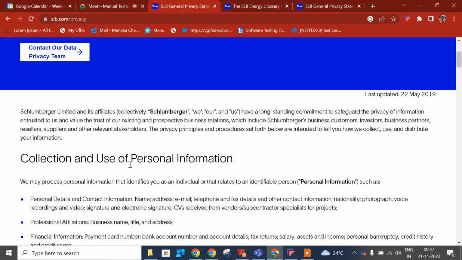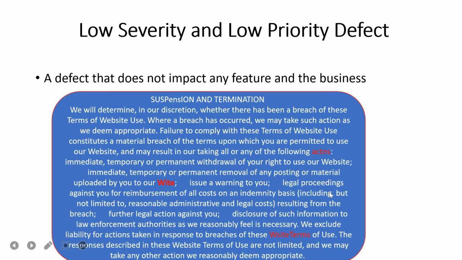So these are going to come under low severity and low priority, because it is not affecting the functionality in any way, and this is a very rarely used scenario. So those type of things will fall under low severity and low priority.